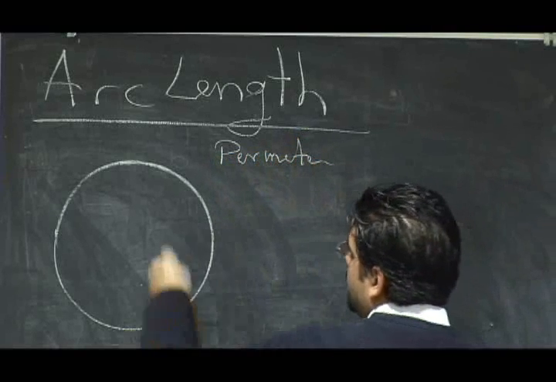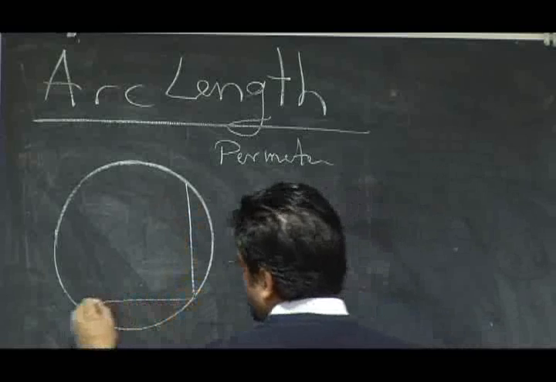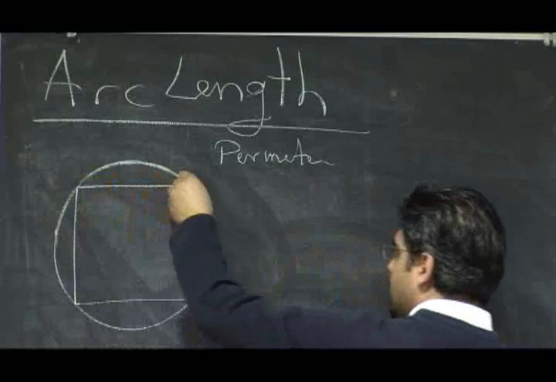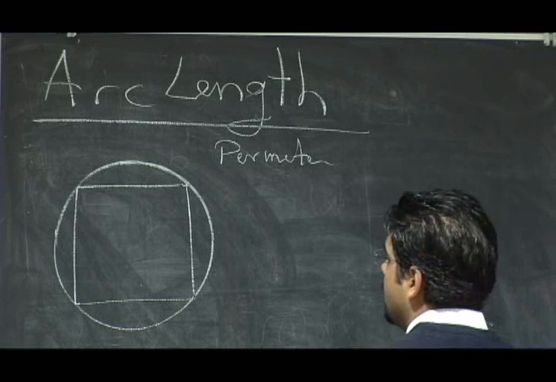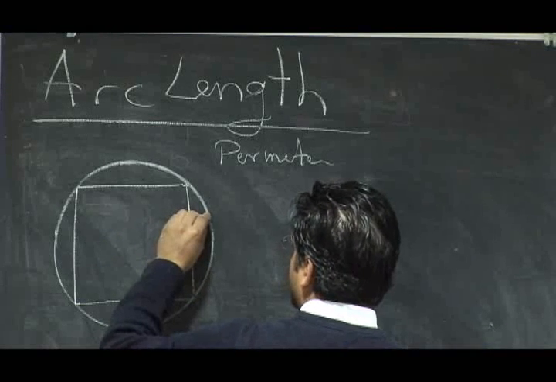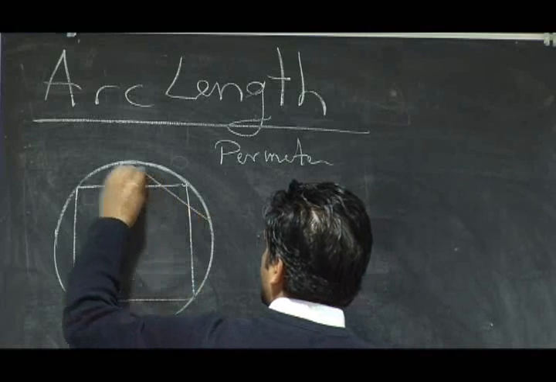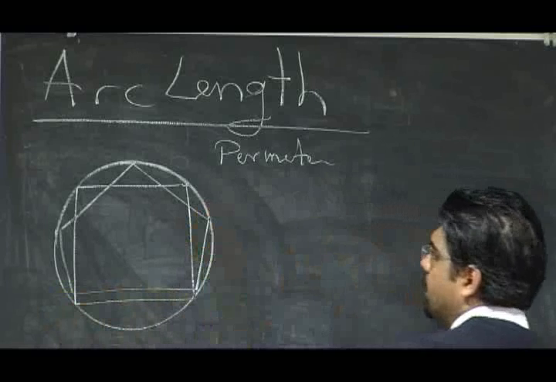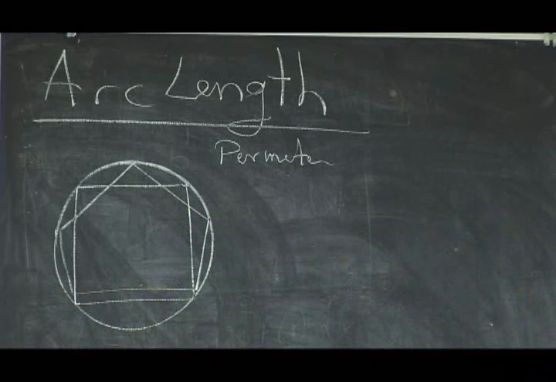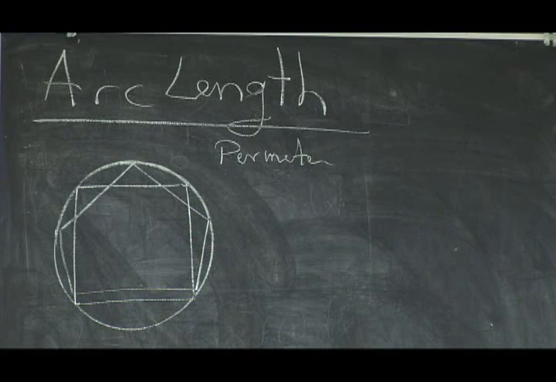Then one thing you could do is inscribe a square in it, and find the perimeter of that square. Or you could inscribe a pentagon and find the perimeter of the pentagon.